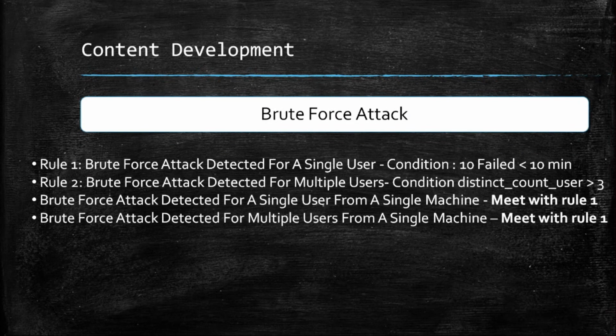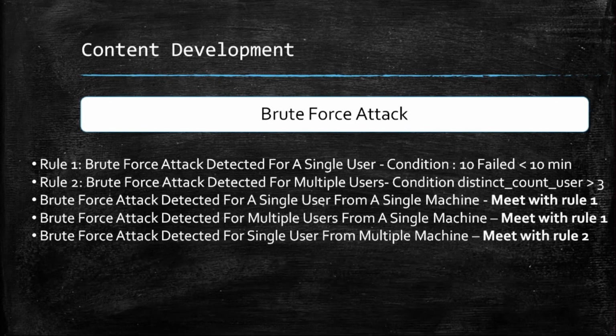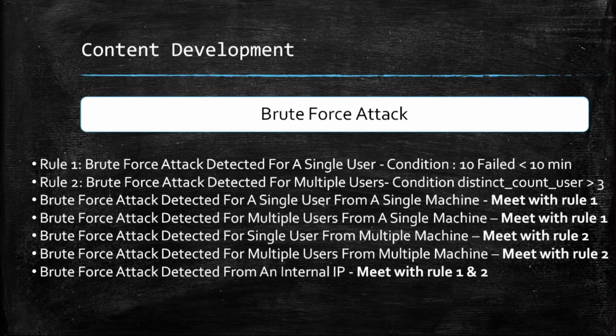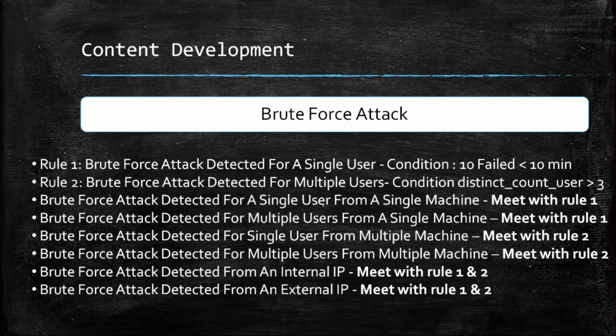And rule number 5, brute force attack detected for a single user from multiple machines, and 6th, brute force attack detected for multiple users from multiple machines, will be covered with rule 2. And the 7th, brute force attack detected from an internal IP, and 8th, brute force attack detected from an external IP, will be covered with the combination of rule number 1 and rule number 2.